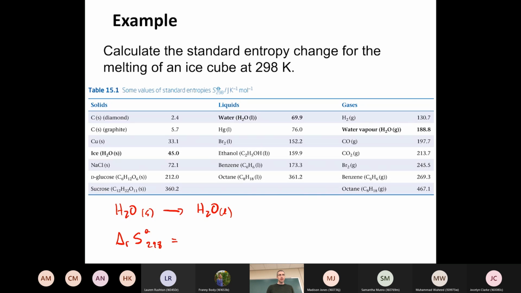It's the sum of the standard molar entropies of the products, which is water liquid, and there's only one reactant, which is ice.